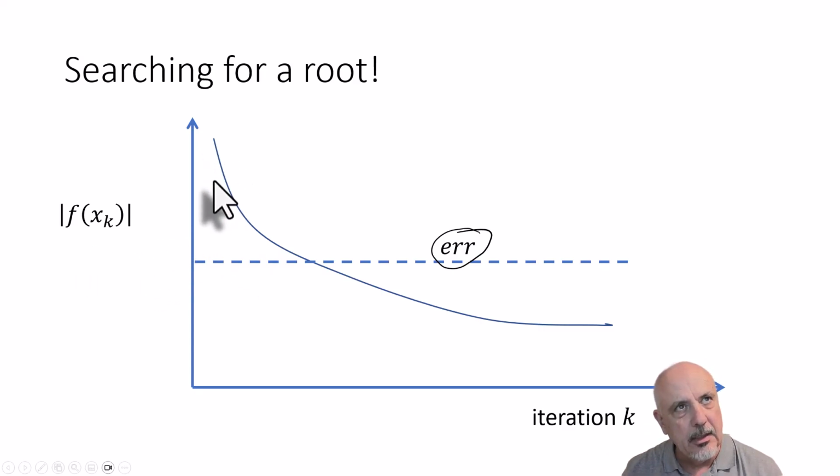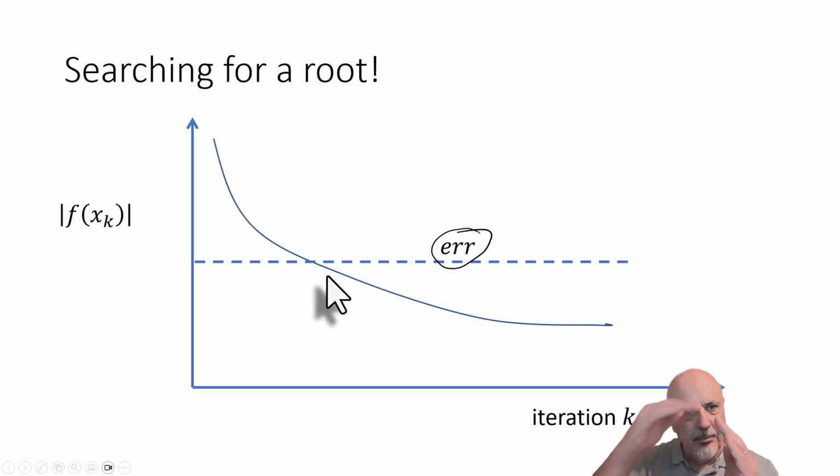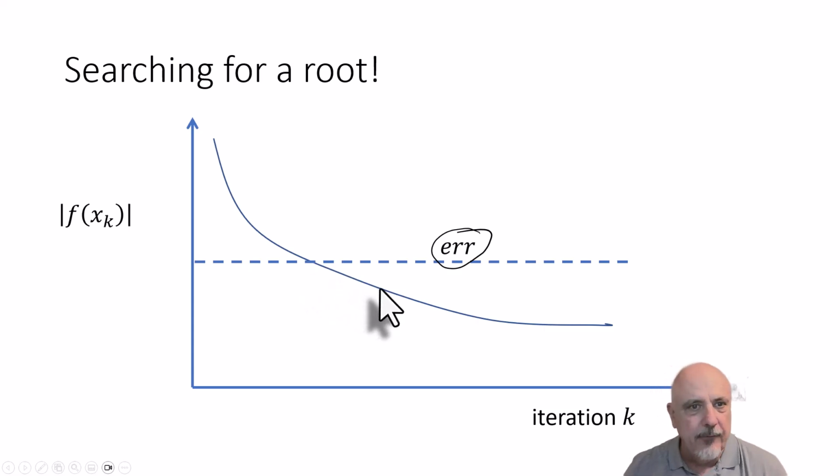So ideally the polynomial value will diminish until you get below the error. Okay, you get below the error, and then you keep going.